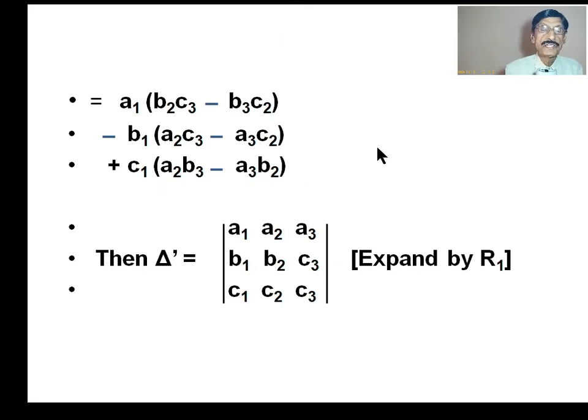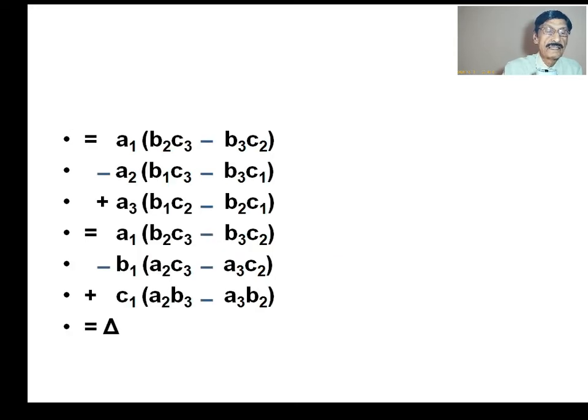After that, we change the columns. That means A1, A2, A3, B1, B2, B3, C1, C2, C3. That means the rows have been converted into columns. Now expanding this by R1, that is row 1, we get this result.